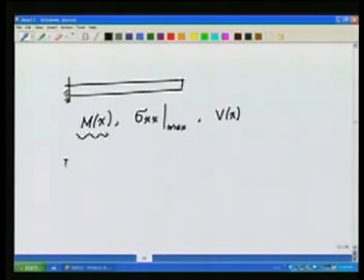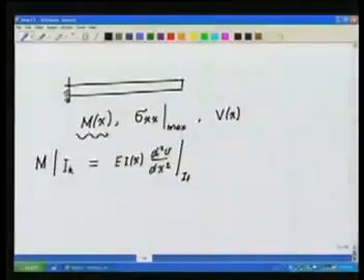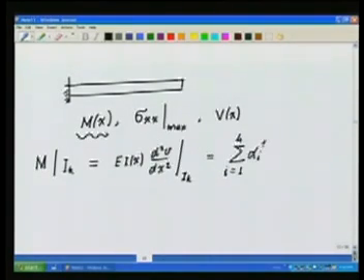So, in an element ik, I could do it globally or I can do it in the element. This m of x, m in the element ik, is equal to EI of x into d2v/dx squared in the element ik. But this, I can write it as the sum over I equal to 1 to 4 of alpha ik, N ik double prime, whole thing into EI of x.